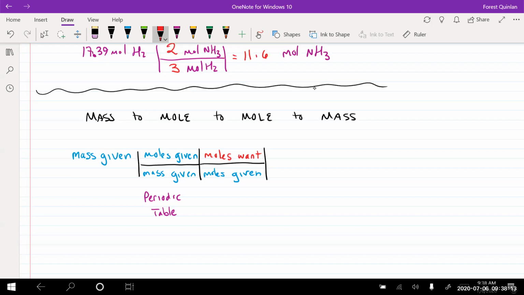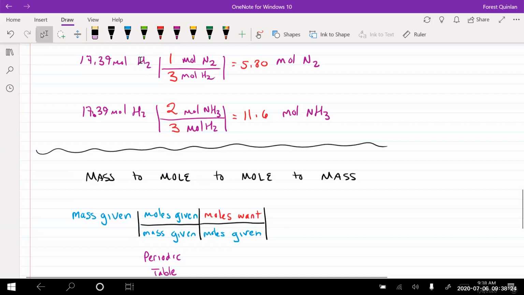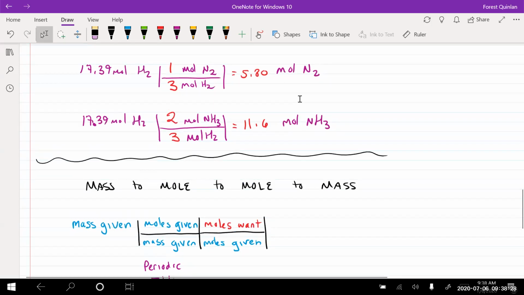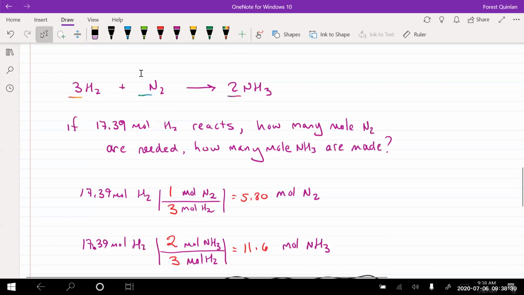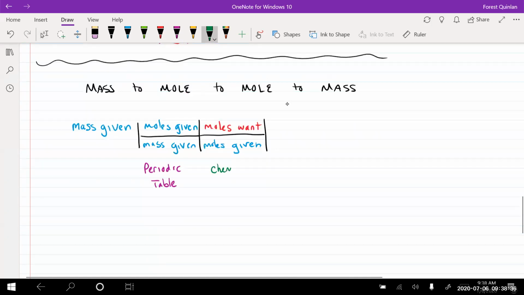Moles of what we were given now canceling top to bottom. Now we're starting to get to the moles of the thing we want. Now, to go from one species to another, to go from hydrogen to ammonia, to go from hydrogen to nitrogen, all we do is we go back up to whatever the balanced equation is, and we can see this molar ratio. So this is from the chemical equation.